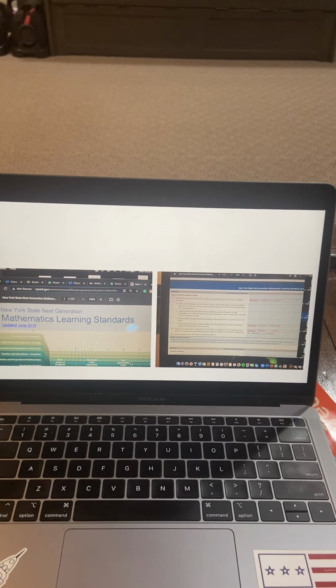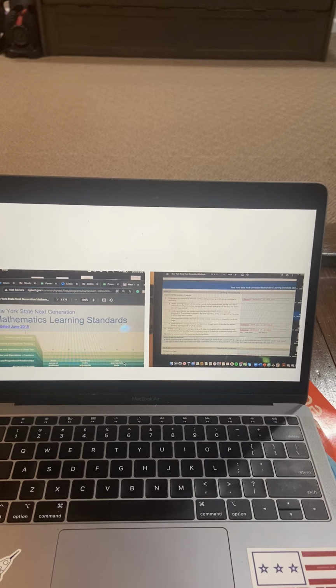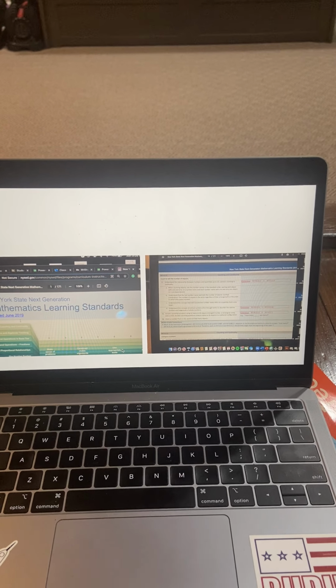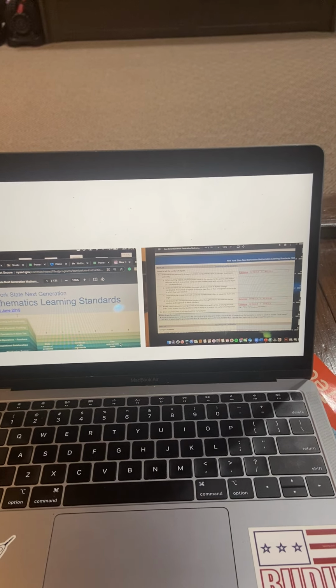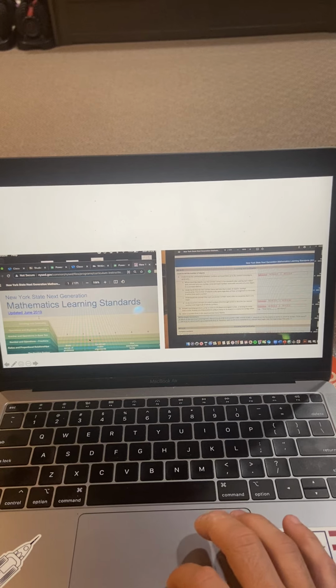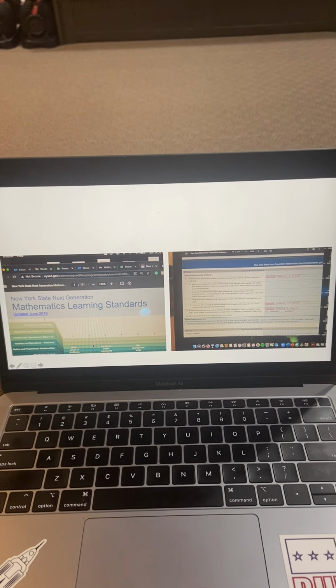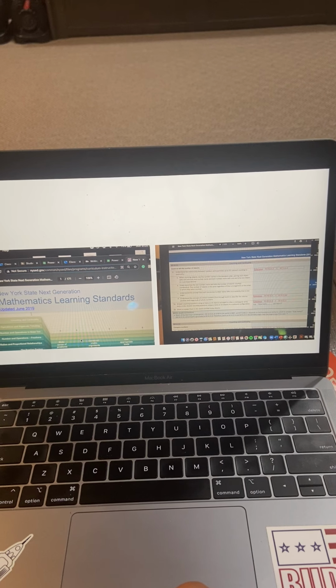So the difference between that, obviously, is the wording, the vocabulary. I used these to hone in on the exact kind of vocabulary that I should be using within my lesson. So I thought it was extremely helpful to look at the Next Gen standards rather than the Common Core.